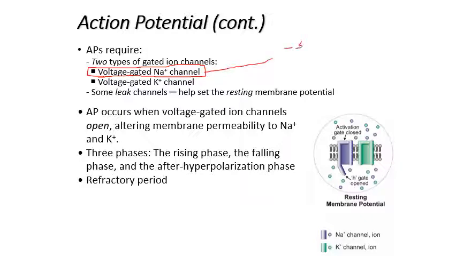Negative 55 millivolts. Threshold. What's going to be the cue? So we have a second, voltage gated potassium channels. What's their cue to open? Negative 55 millivolts. Threshold.